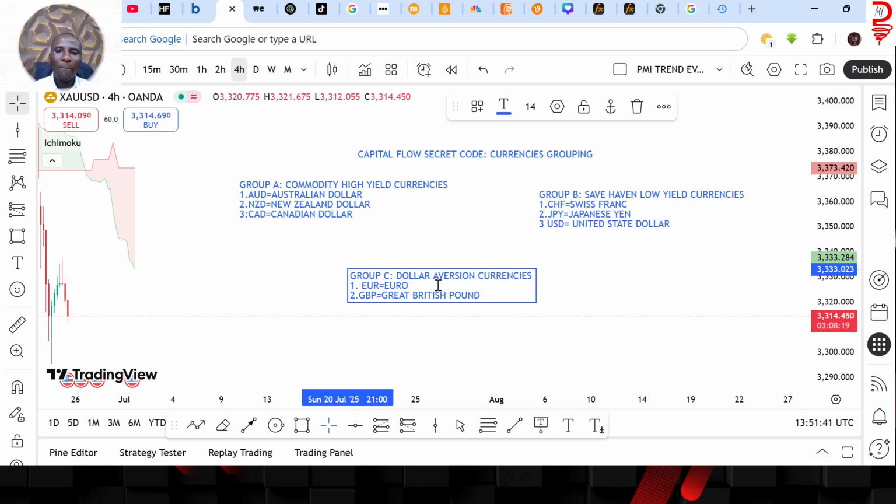And of course, Japanese yen, being a safe haven, has the likelihood of attracting the flow of capital. So as capital is flowing away from Canadian dollar, you have capital flowing into Japanese yen. That is what is going to give you a very clear trend. I'm going to give you an example now so that you can see what I'm talking about.